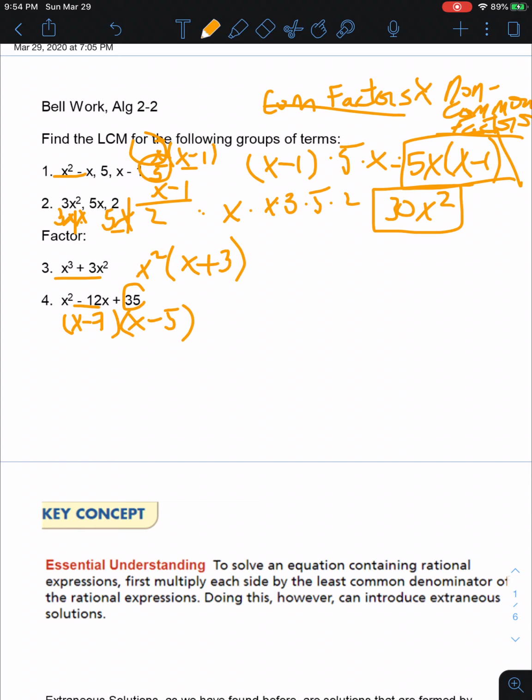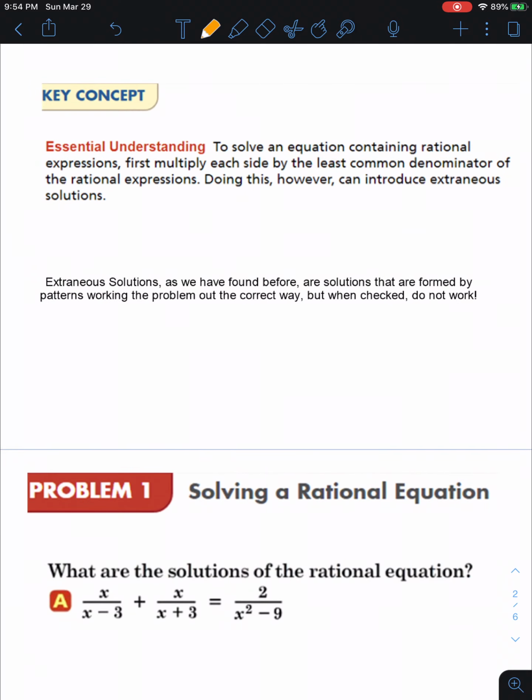All right. Well, we're looking at solving rational equations. To solve an equation containing rational expressions, you first multiply each side by the least common denominator of the rational expressions.